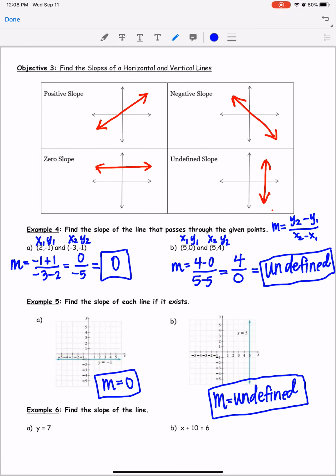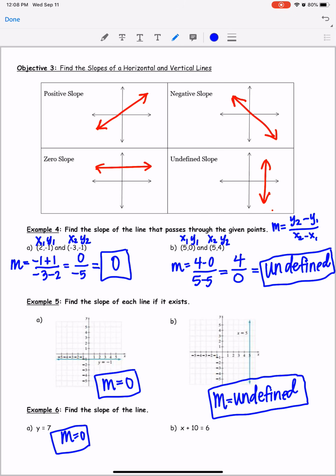If you've got y is 7, let's use this graph right here and just roughly plot it. If you've got y is 7, you're going up to 7, which is of course off this graph. So y right here is 7. And you've got that horizontal line right there. So this one is 0.